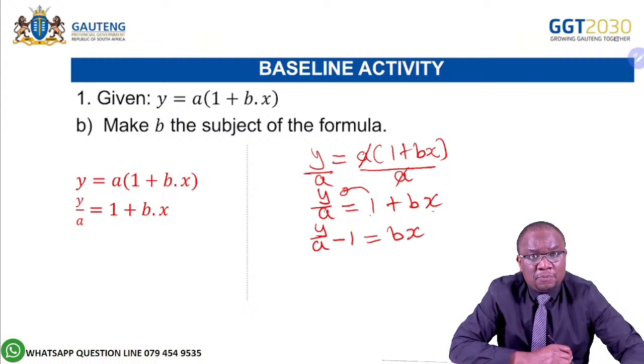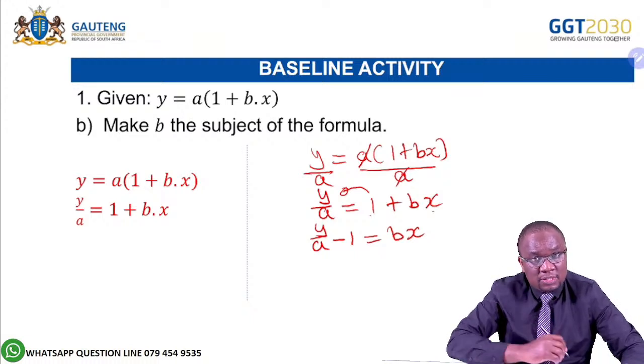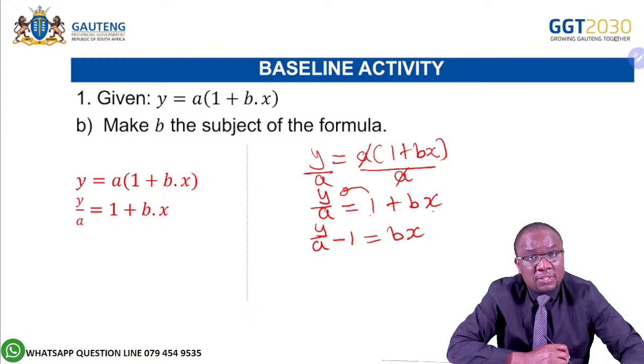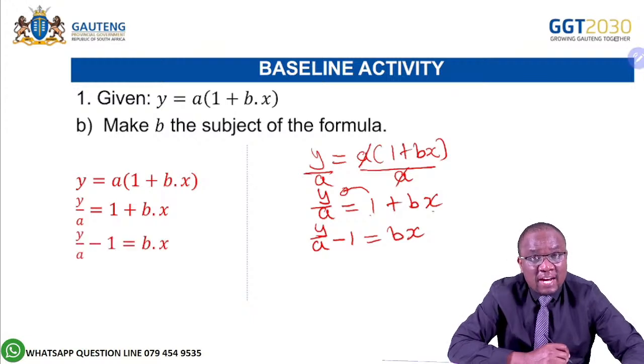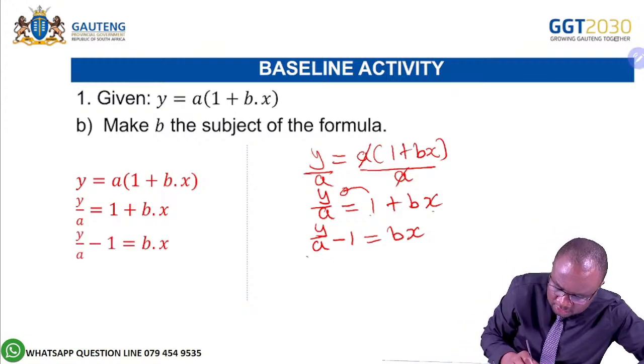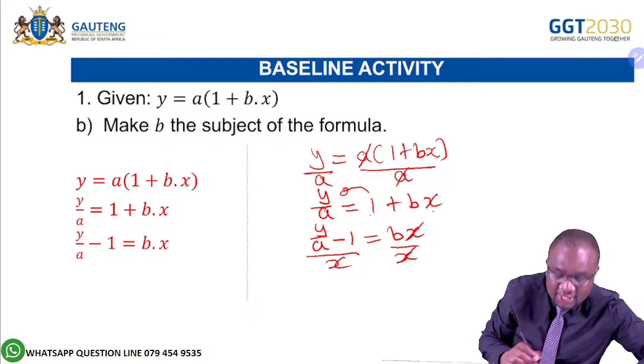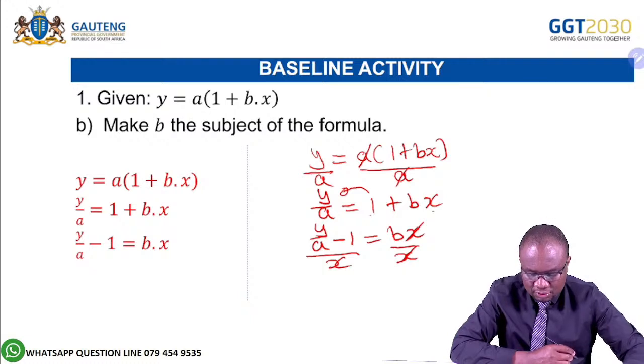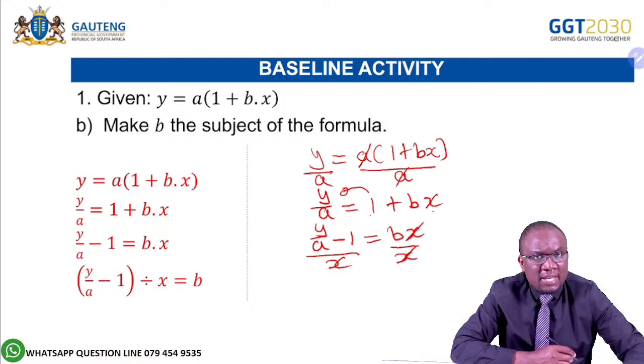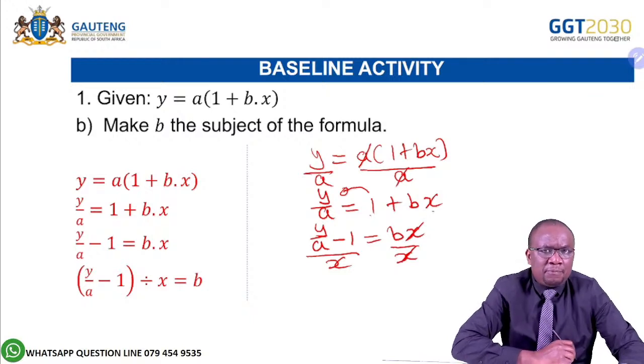We want b to be the subject, so it must be b is equal to. So what do we do with this x? We divide by it on both sides of the equation. x divided by x is 1. We remain with b there. So it's going to be y over A minus 1, divided by x. That's what you're supposed to do.